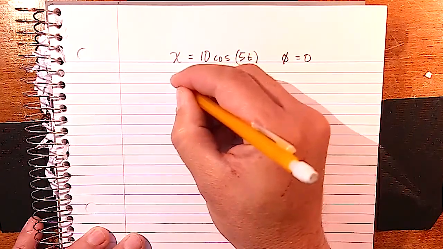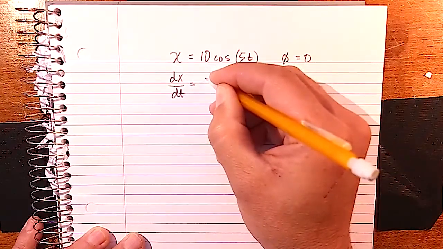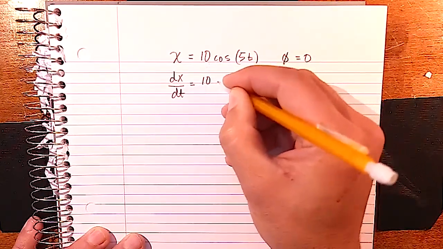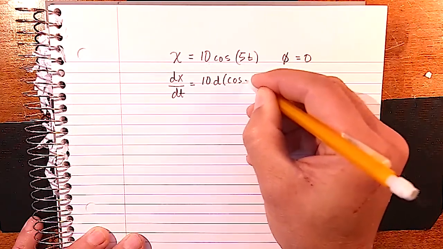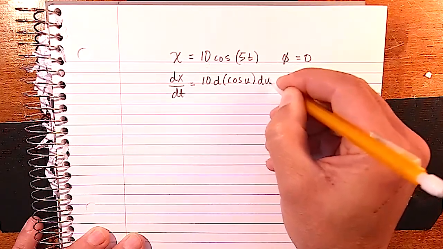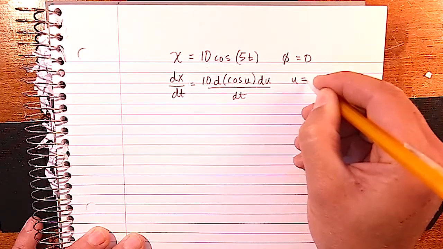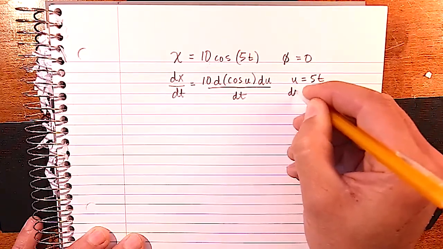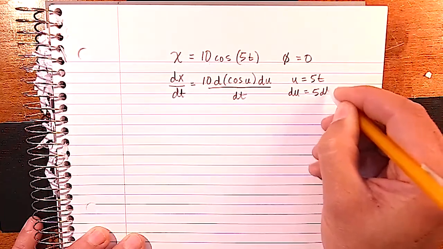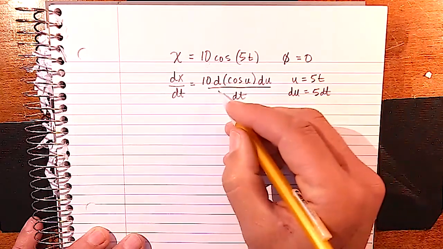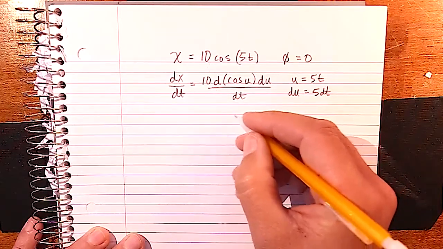So let's take the first derivative. So that's going to be dx dt is equal to, and then I can pull the 10 out front. So then that's going to become 10 d of cosine u du, and that's all over dt. Well, what's our u? We're going to let u equal 5t, and we're going to take the derivative of both sides, which is going to be du is equal to 5 dt. So we can take the derivative of cosine of u, and that's going to be negative sine.